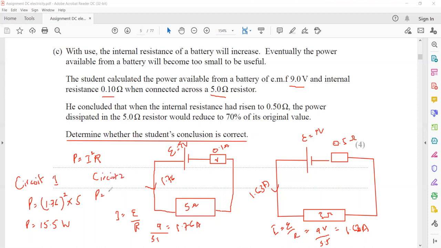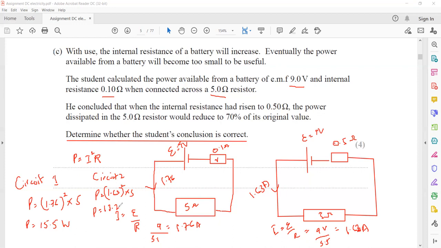And we find the power for circuit 2, P is equal to I squared R. In circuit 2, the current is 1.63 squared multiplied by the resistance 5. So 1.63 squared multiplied by 5, and this power will be 13.2.